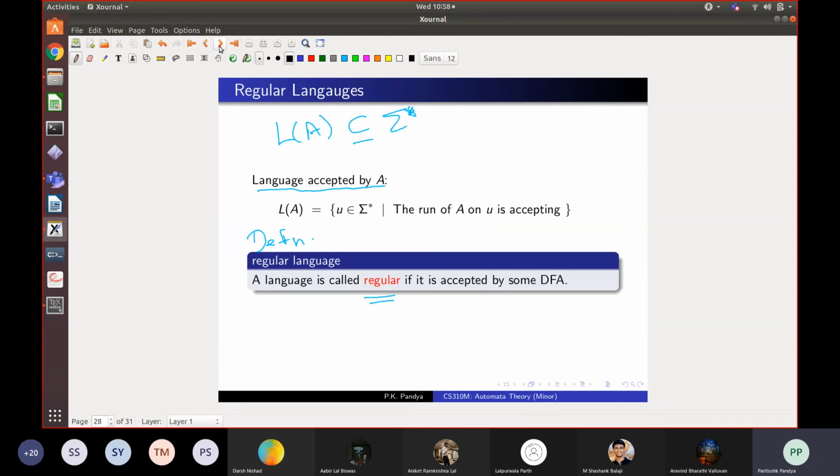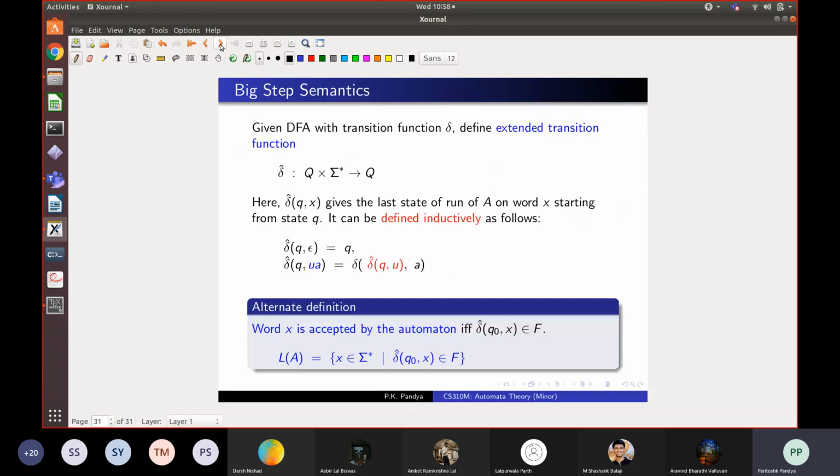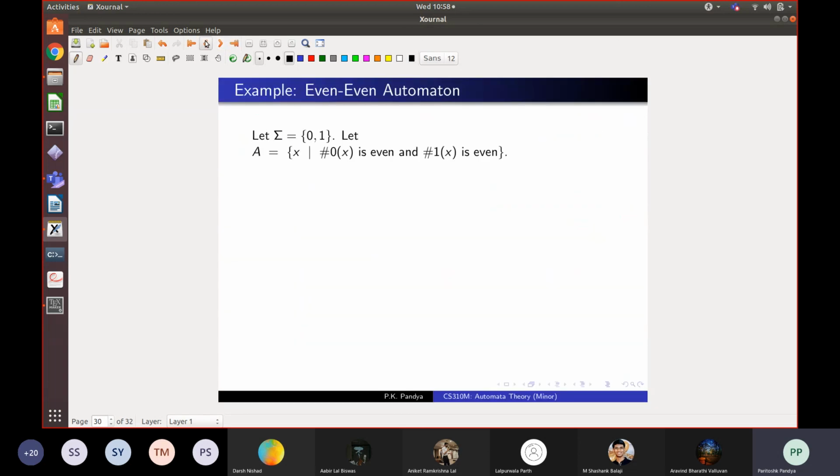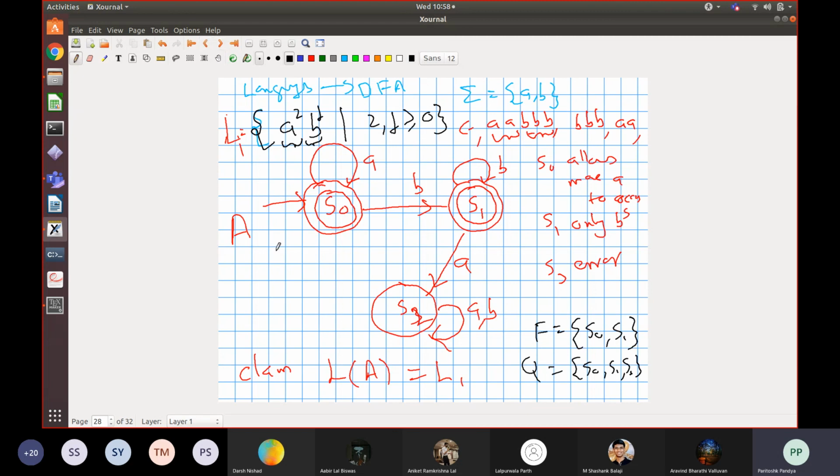And then there are questions like, given an automaton, what is its language? Or for a given language, can I construct an automaton which recognizes that language? And if that language is such that some DFA recognizes it, it's called a regular language. So clearly this language is regular, because we have defined this automaton which is equivalent to it, right? This is what we did today.